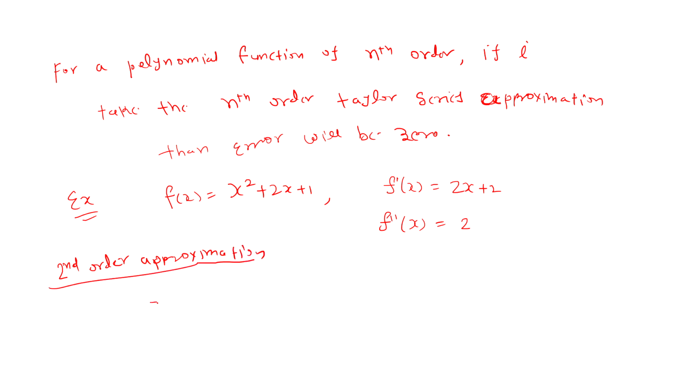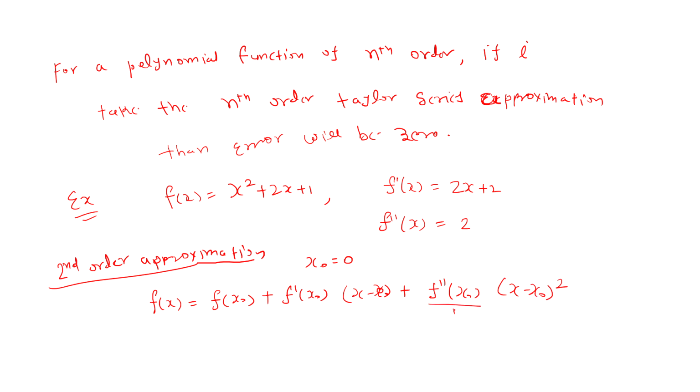That will be f of x is equal to f of x0 plus f prime x0 times x minus x0 plus f double prime x0 times x minus x0 to the power 2 upon factorial 2, where x0 is 0.